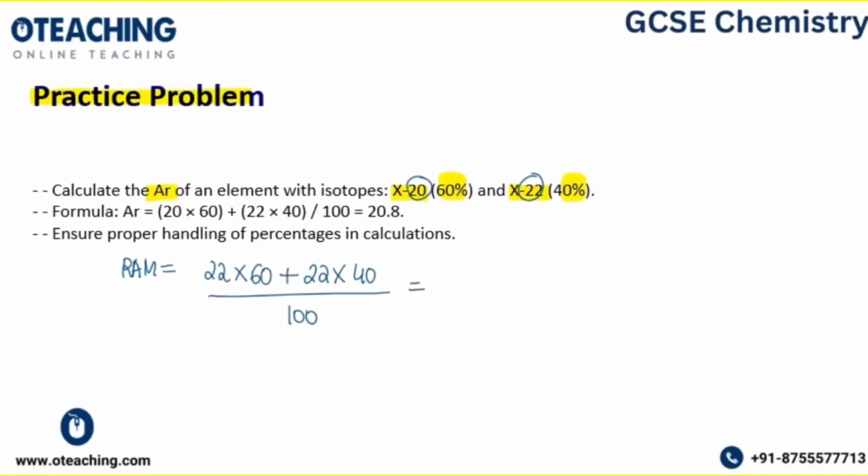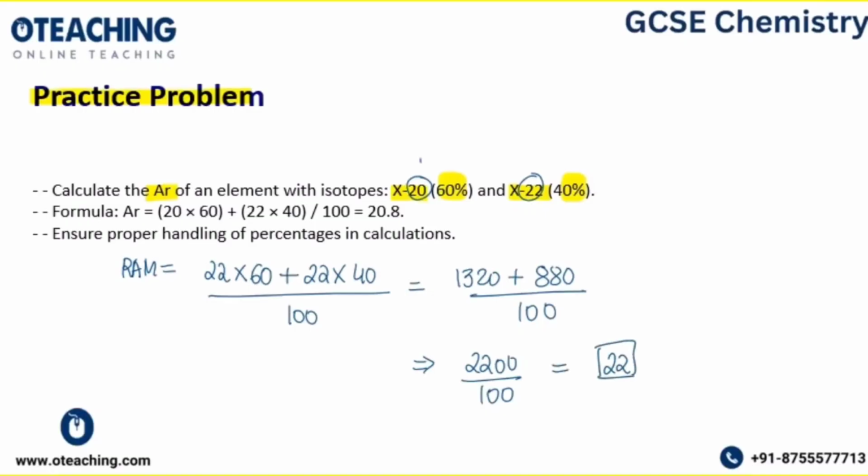Now 22 into 60 would give me 1320 plus 880 upon 100. Now 1320 plus 880 would be 2200 upon 100. This would give me 22.